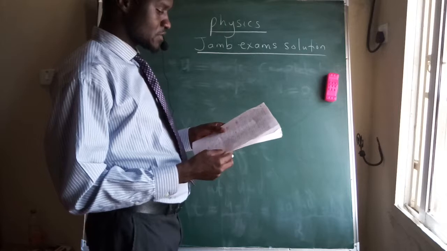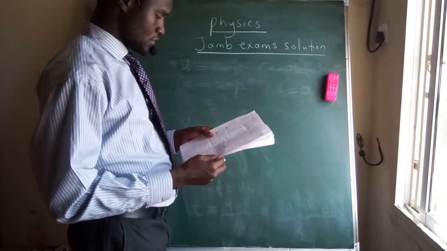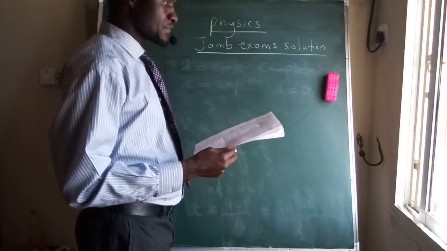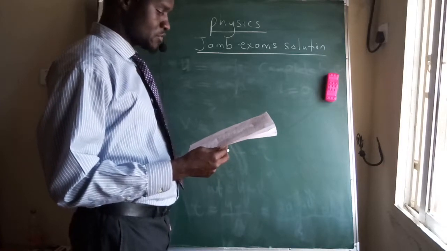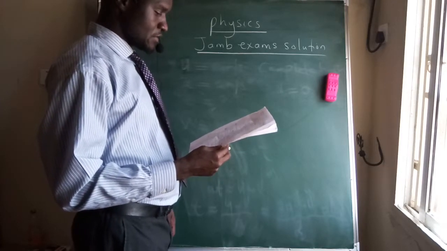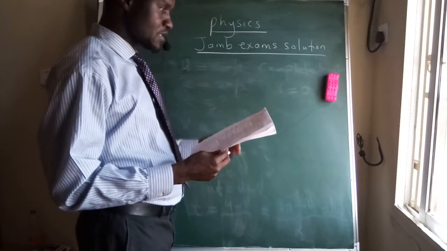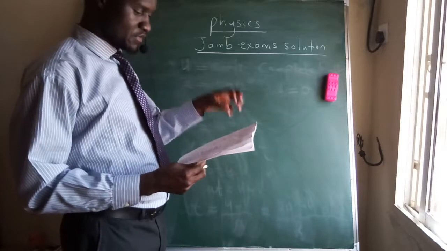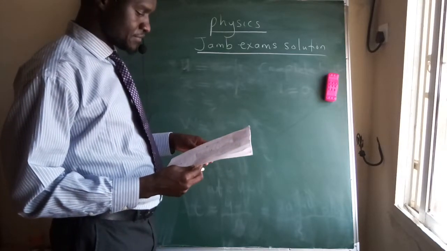The question says calculate the upthrust on the body. Now, anytime we immerse a body in water and some amount of the water is displaced, the mass of the water displaced is equivalent to the mass of the body immersed in the water.